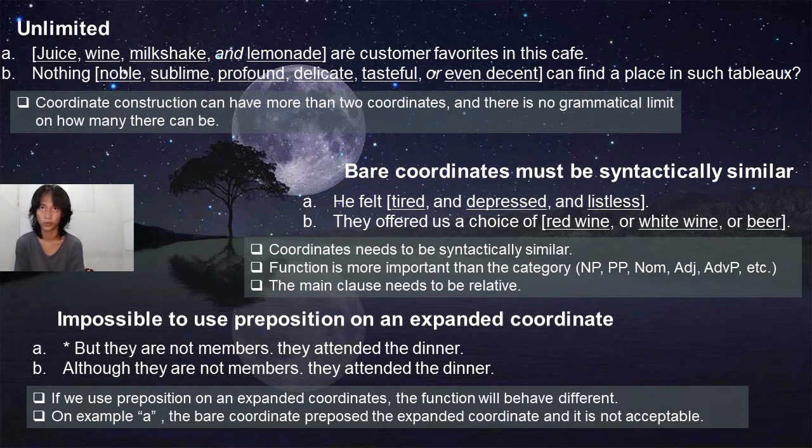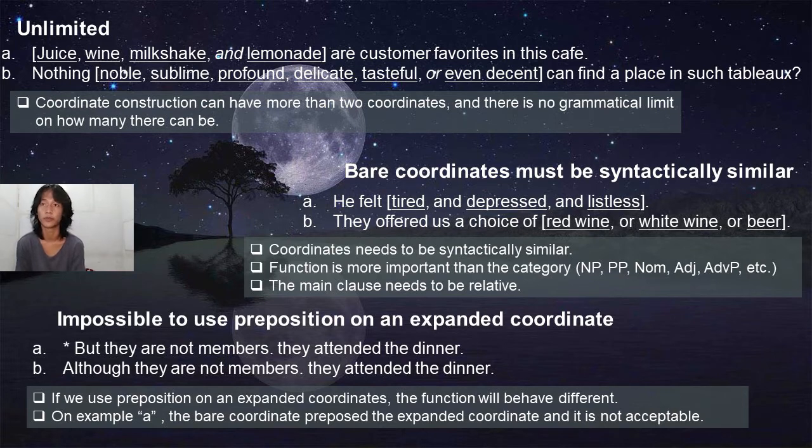And also, to note, the function of the coordinate is more important than the category. So you may see a sentence where the coordinates are of the same category, like noun phrase plus noun phrase, or prepositional phrase plus prepositional phrase.